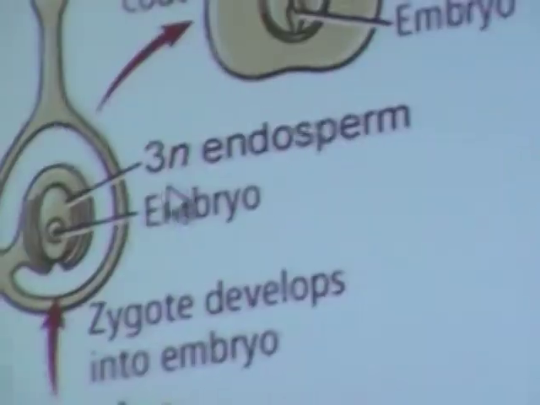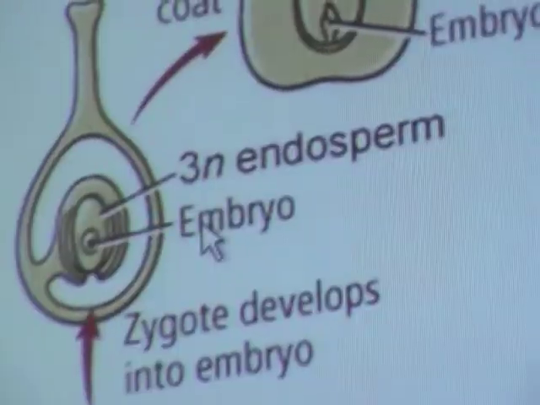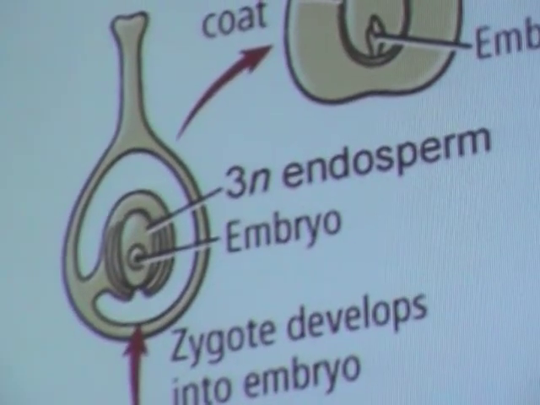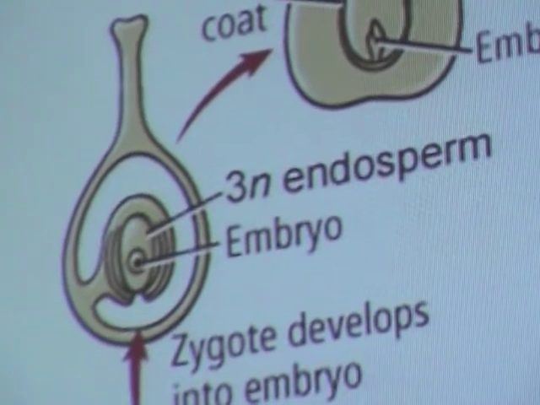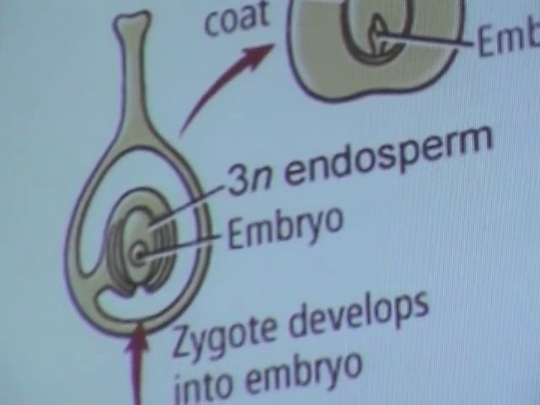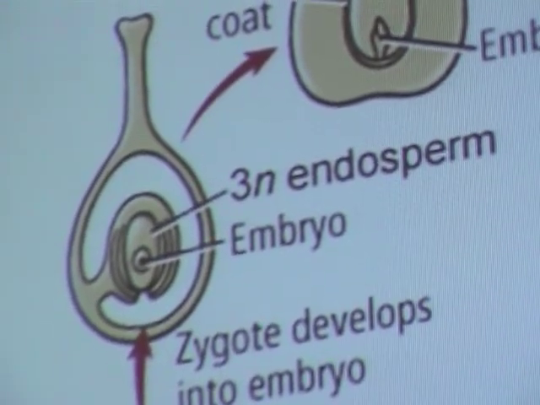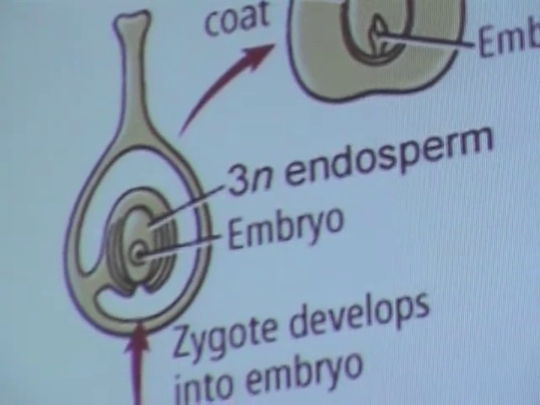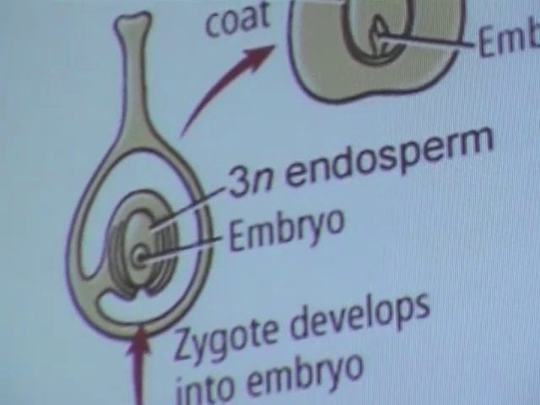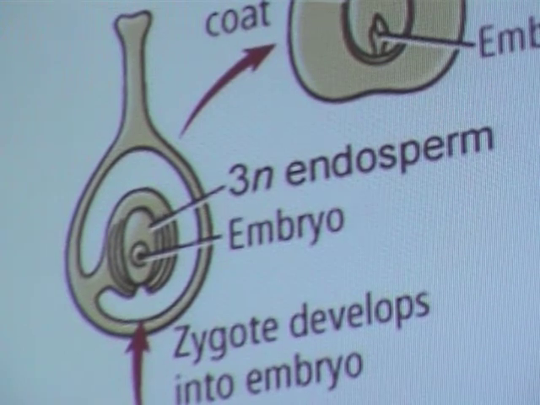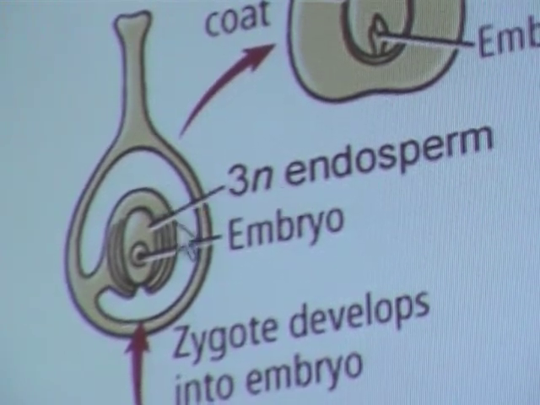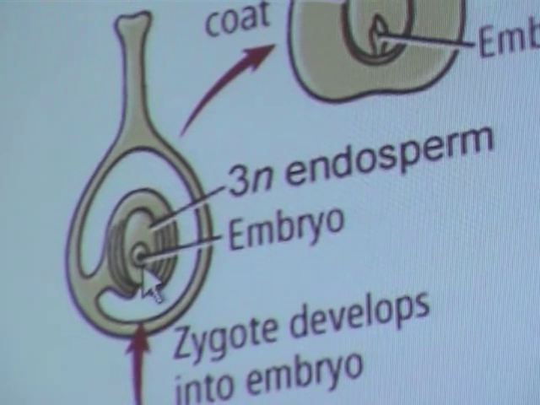The reason it's triploid is that this central cell back here had 2 nuclei, and the sperm has 1 nucleus. So it gives the central cell 3 sets of chromosomes, 3 nuclei. 3N is what that means. And this endosperm is going to be food for the embryo.